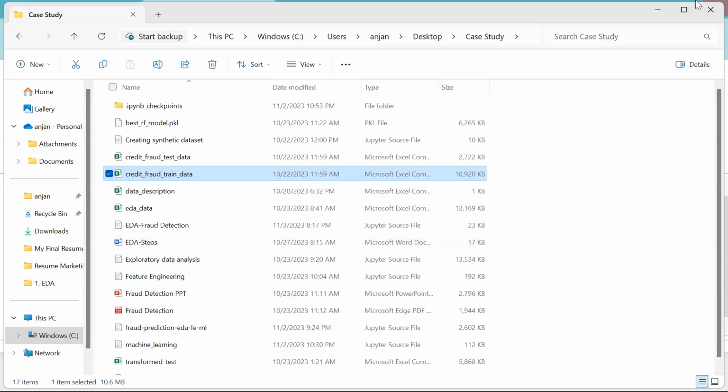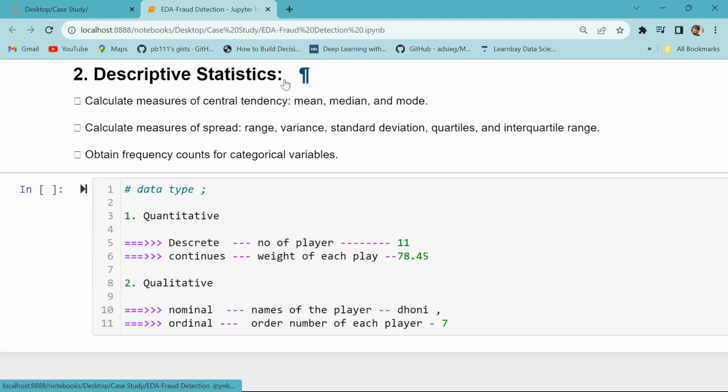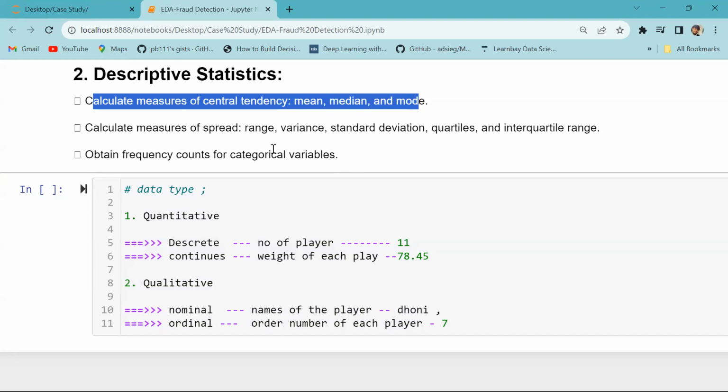When we have this kind of data, descriptive statistics means ultimately you have to do some kind of statistics on the data. If your data is numbers, then we can calculate the central tendency with the help of mean, median, mode.